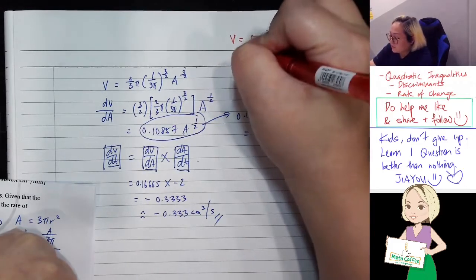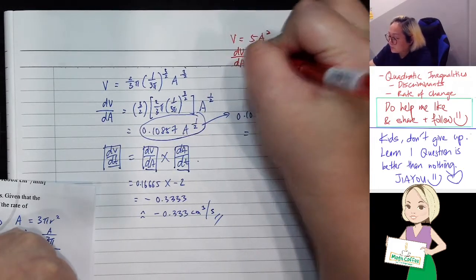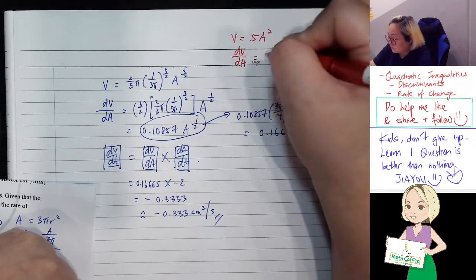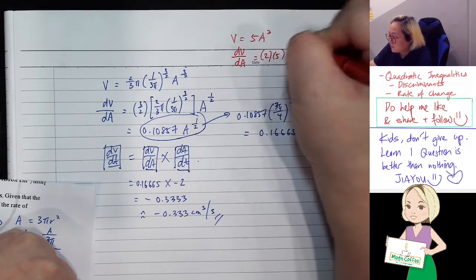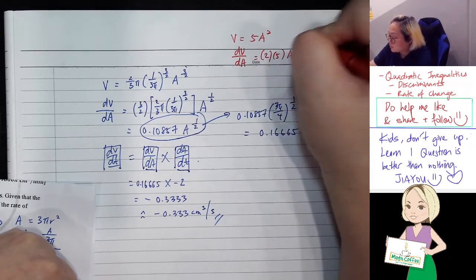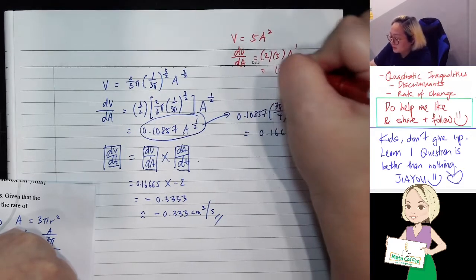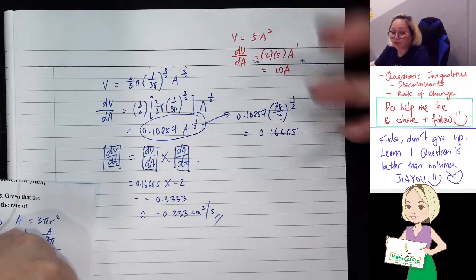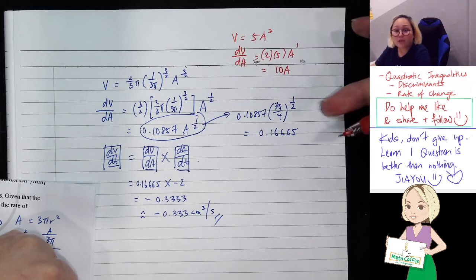I want dV/dA. I will bring down the 2. So 2 times 5. Power minus 1, so 2 minus 1, so it's 1. So in the end, I get 10A. So this is how I differentiate. It's just rule 1.